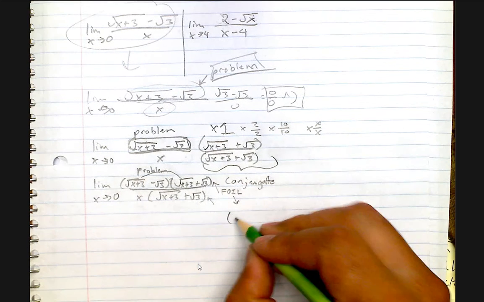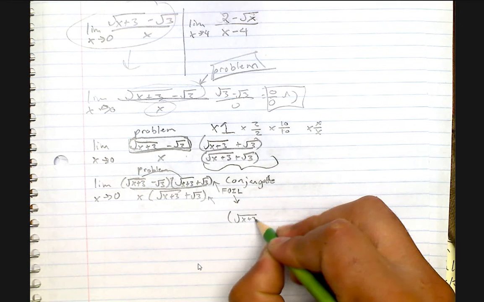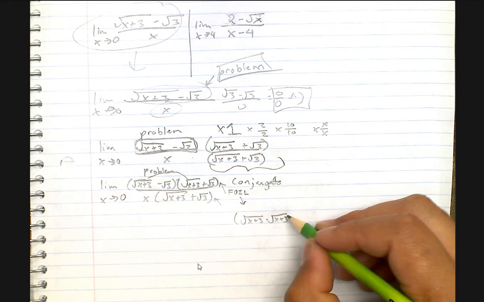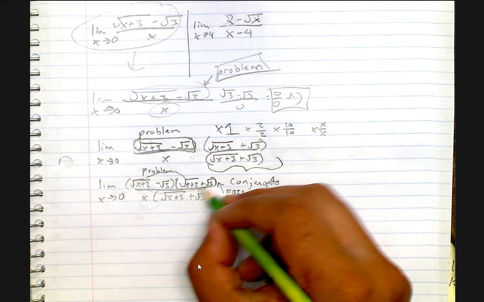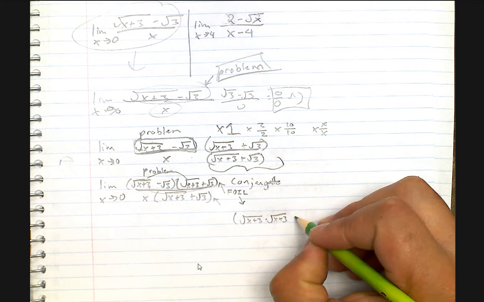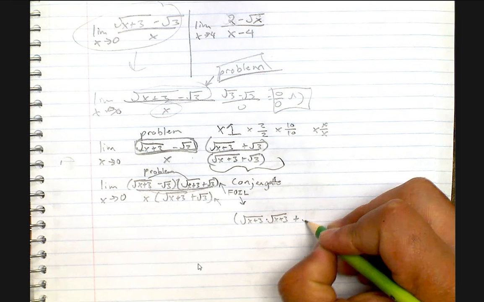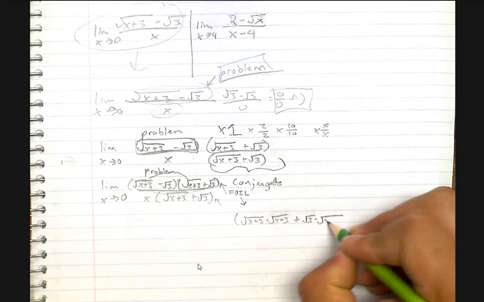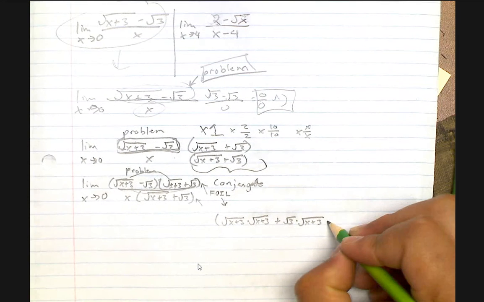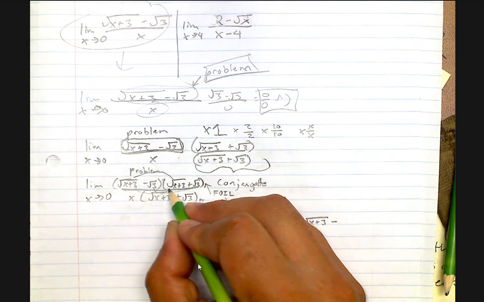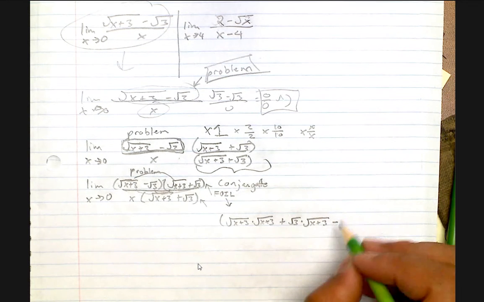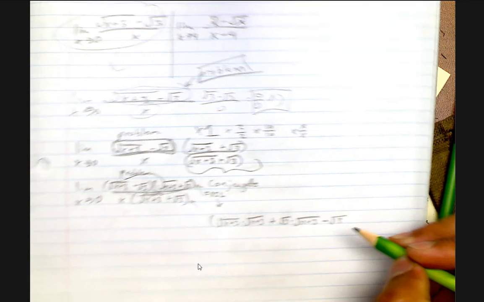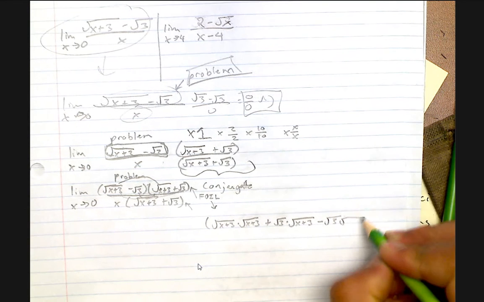So x square root of x plus 3 times square root of x plus 3. Our outer, plus the square root of 3 times the square root of x plus 3. Minus the inner, well, actually plus the inner, which ends up being minus because it's negative square root of 3 times square root of x plus 3.